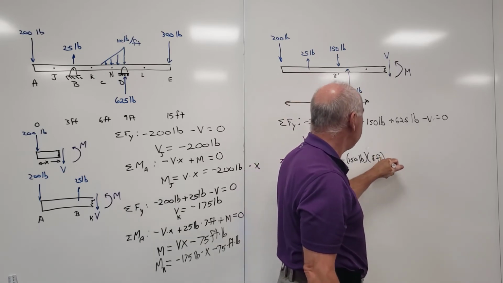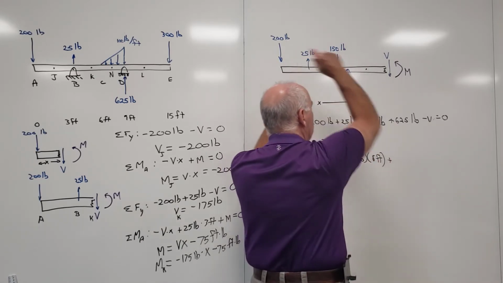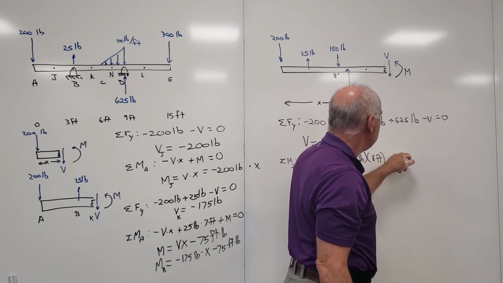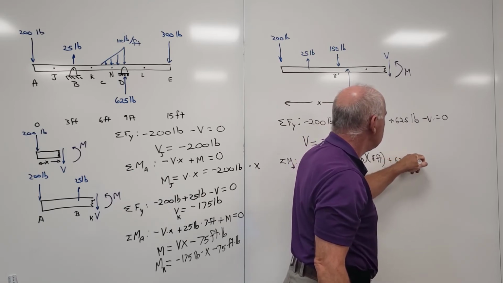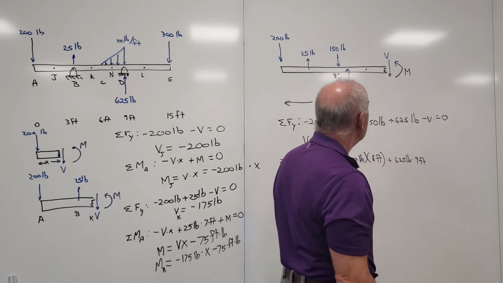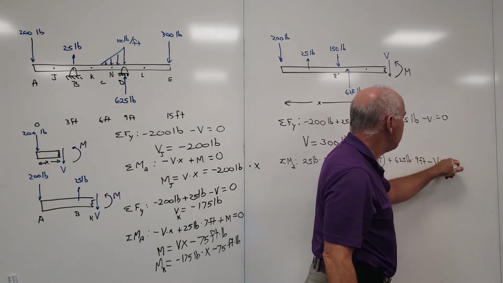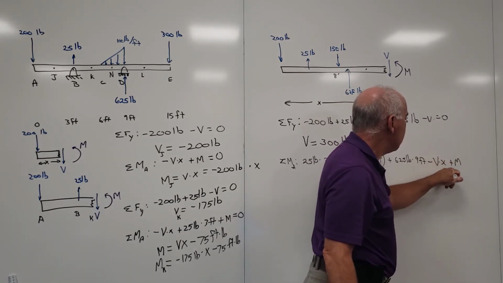Plus 625 pounds, because 625 is going to be in the counterclockwise direction, 625 pounds times 9 feet, and then minus Vx plus M. And all that's equal to 0.